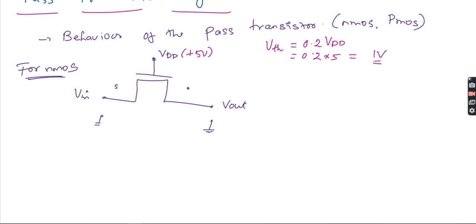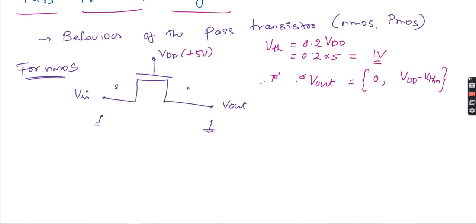Now the Vout. The Vout will range from 0 to VDD minus VTHN.